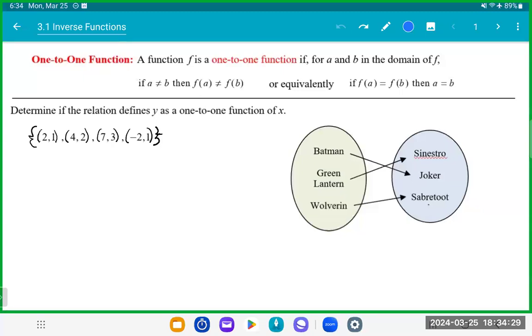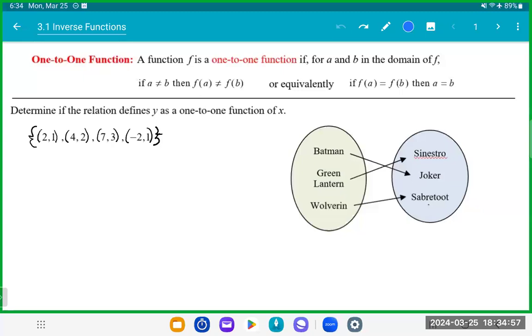When we had our function, every x mapped to a unique y, right? But multiple x's could go to the same y. Now, when we're looking at something that is one-to-one, every x goes to exactly one y, and every y is mapped from exactly one x.